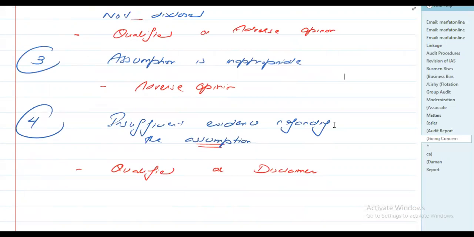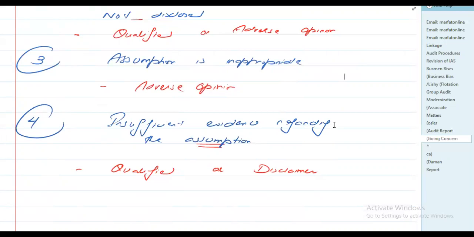On the basis of that, they cannot reach an opinion whether or not the entity is a going concern. So if the matter is material but not pervasive, a qualified opinion will be given, and that again means that except for the going concern, the rest of the financial statement gives the true and fair view. And if the matter is material and pervasive, then we'll be giving the disclaimer of opinion.